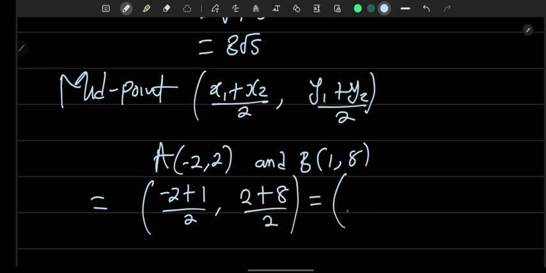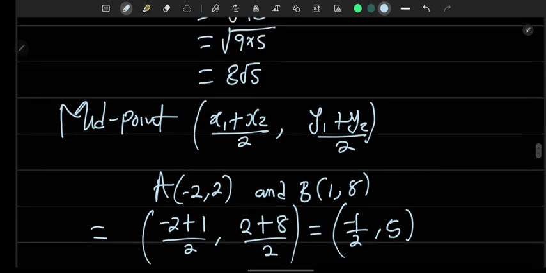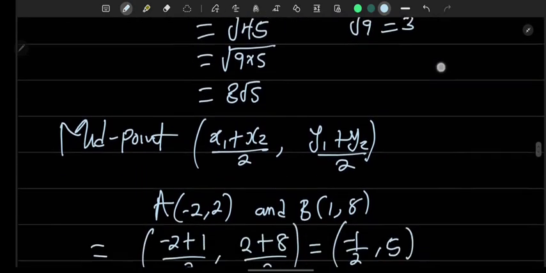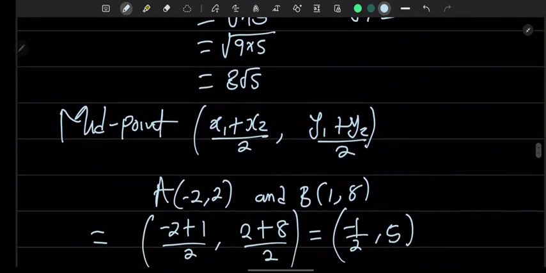And this will actually give us -2 plus 1, that is -1, so this is -1 over 2. 2 plus 8 here is 10, and 10 divided by 2 is 5. So this is the midpoint of points A and B. What that means is that, let's say we have a line here, and this line joins the 2 points A and B together.